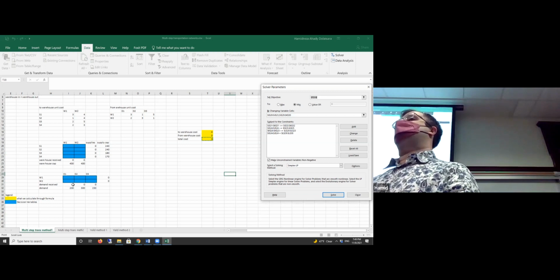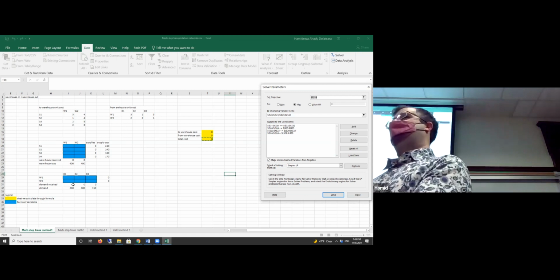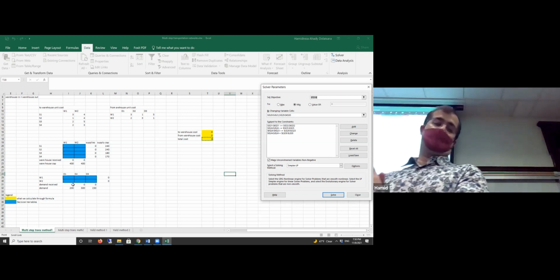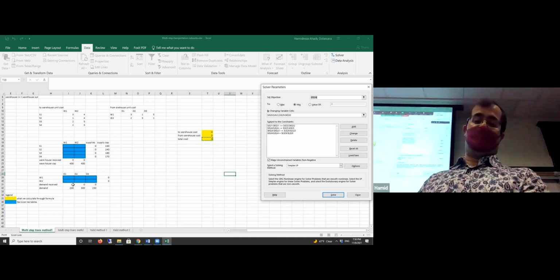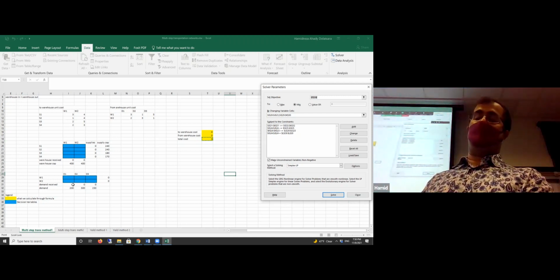It should be more than my demand. You can consider it as equal, but my policy is just to provide at least what is needed in the demand point. So the policy matters. Maybe you would say, no, I want exactly, that should be exactly equal to demand points.